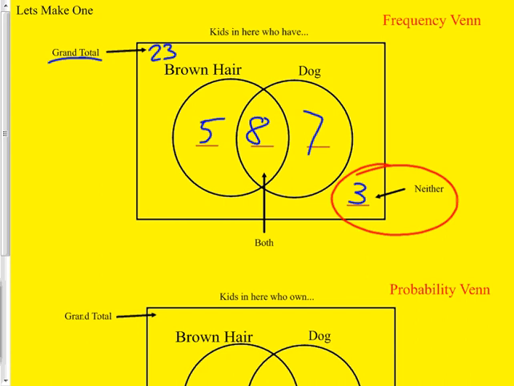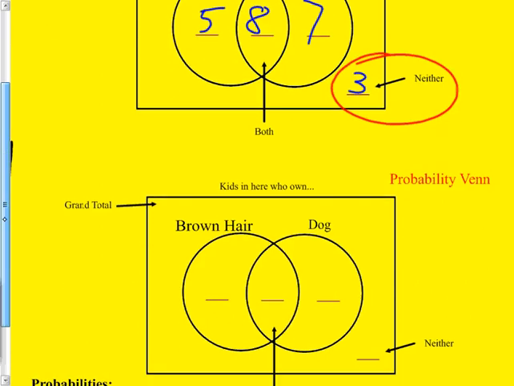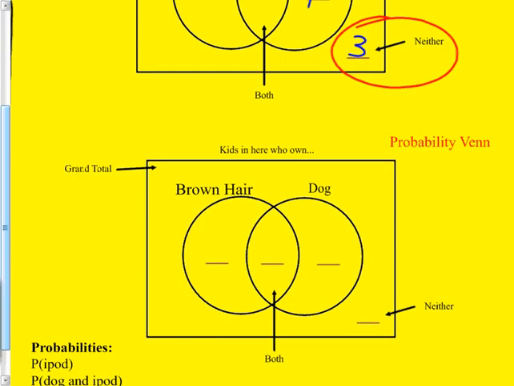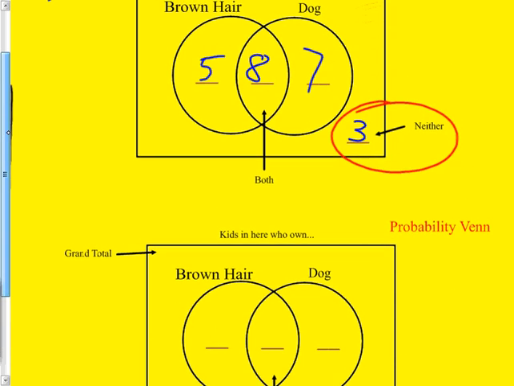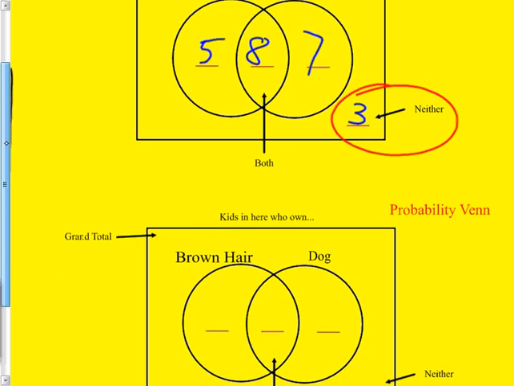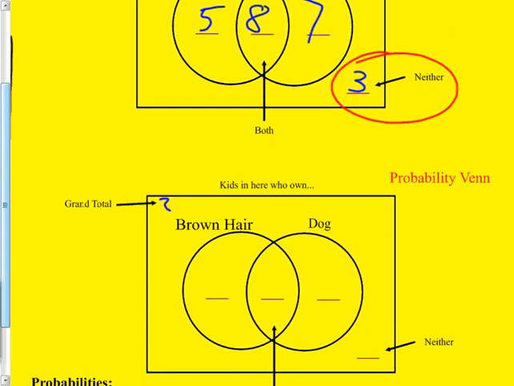Okay, then let's do this thing underneath here, the probability chart. And again, it says iPod, so you just change it to brown here. Now, how do I get these probabilities? Well, I still have a grand total of 23. That goes here. But now these are going to be decimals.